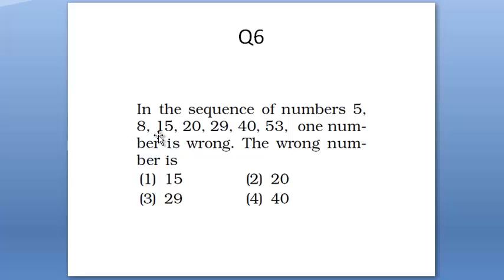So if the sequence was 5, 8, 5 plus 3 is 8, 8 plus 5 is 13. This should have been 13 instead of 15, which is why 15 is the wrong number. Just write this sequence down and check for yourself. Try to follow the 3, 5, 7 sort of addition, and you'll understand why 15 is wrong. Alright, let's move to the next question.